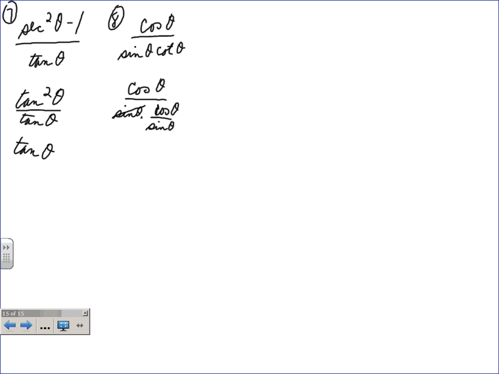The two sines will cancel out. I'm left with cosine over cosine, which is 1. Okay? So that is your 8 identities on the second page of your quiz.